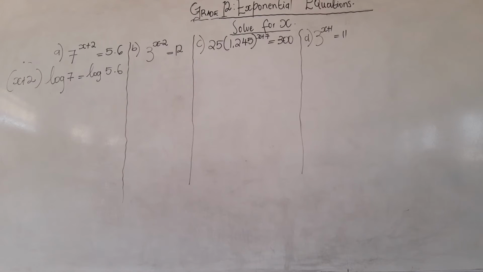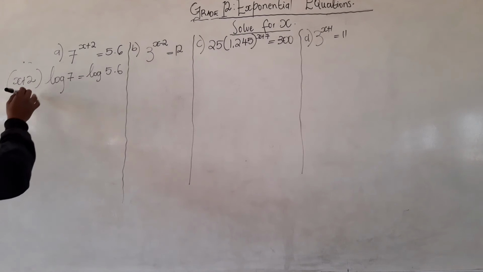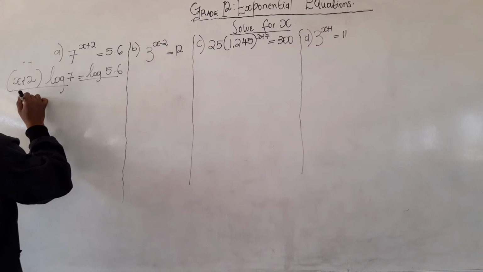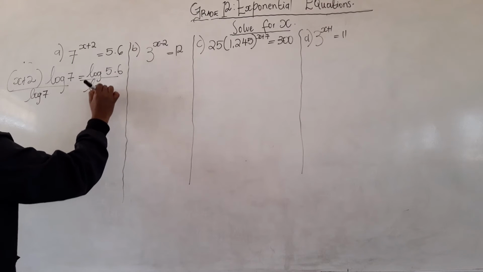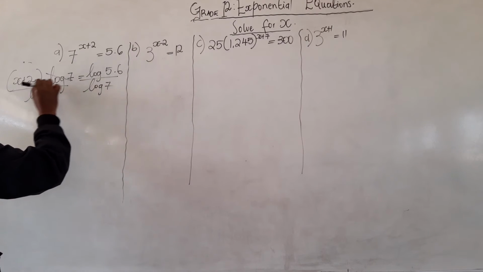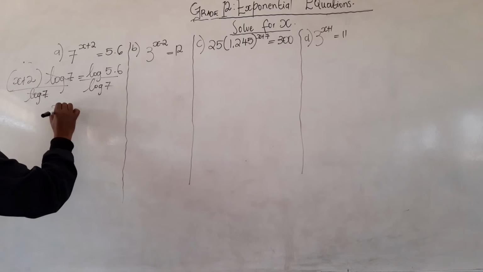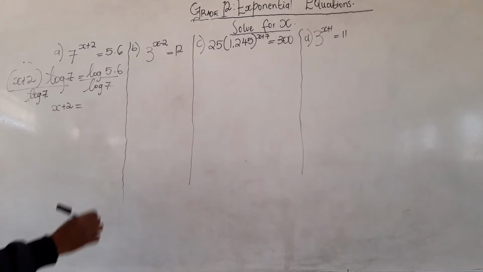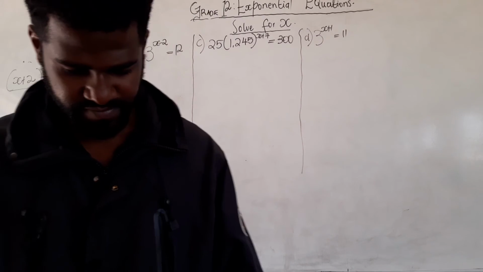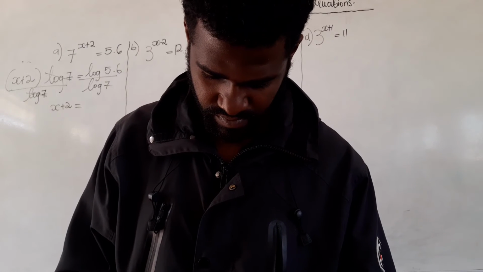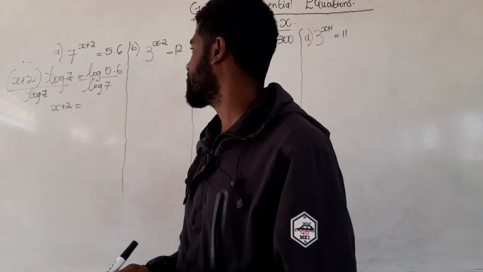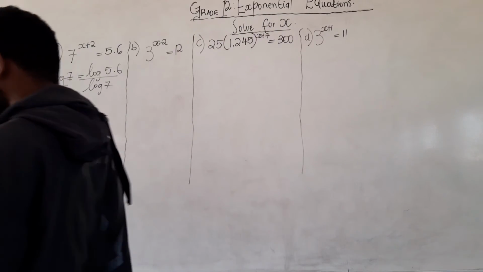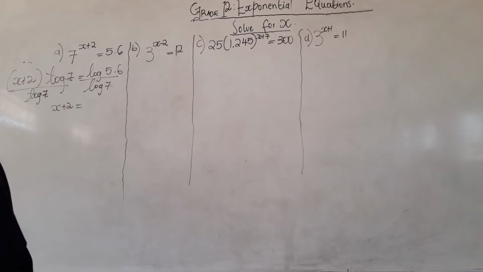Now we are going to divide both sides by log 7. This one will cancel out this one. Therefore, x plus 2 is equal to log 5,6 divided by log 7.